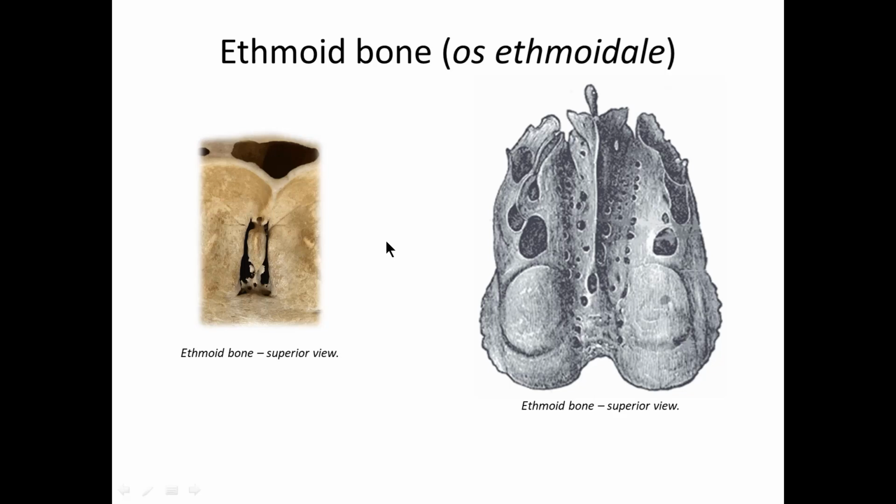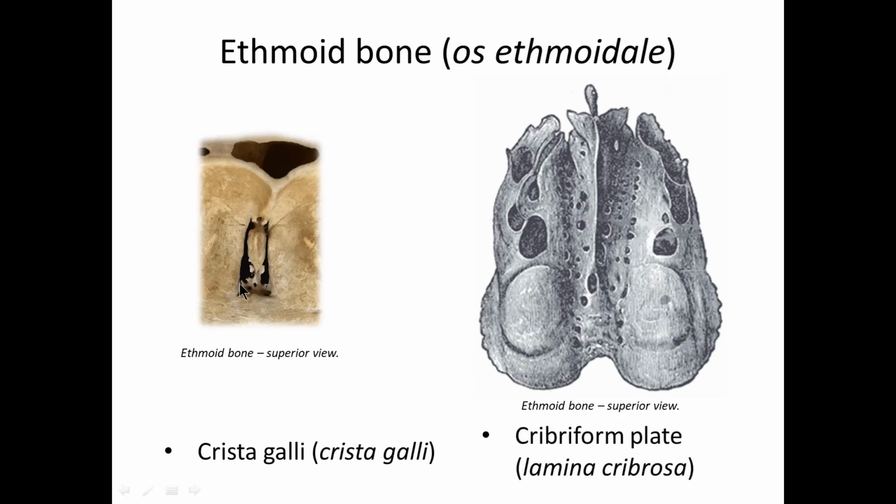Since we have started the topic, let's say a few words about the ethmoid bone. I included an extract from the cranial cavity picture. We were discussing foramen caecum, and the structure behind it is crista galli here. The skull visible in this photo is already slightly damaged, but we can still see the remnants of cribriform plate, lamina cribrosa.